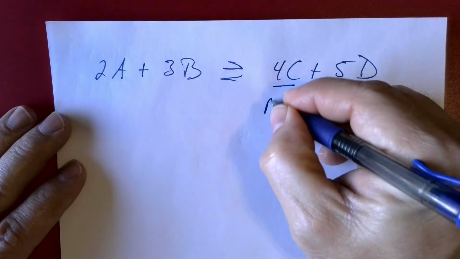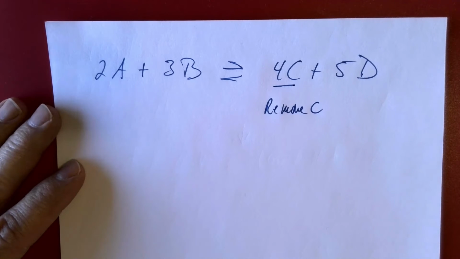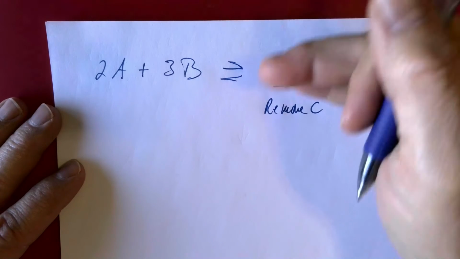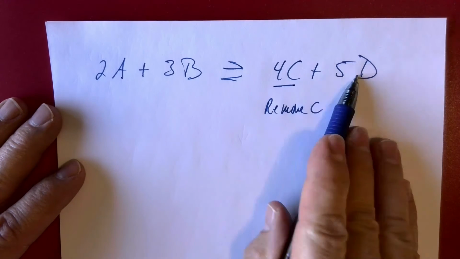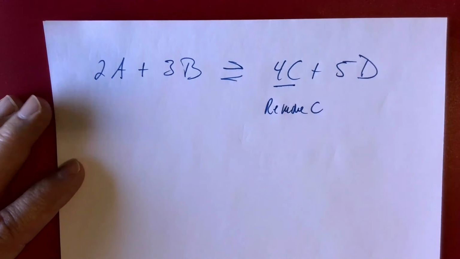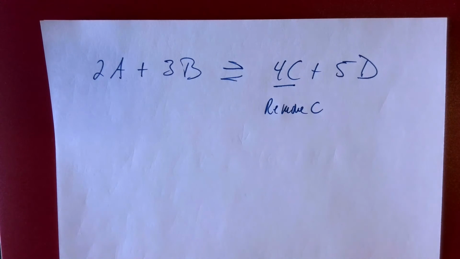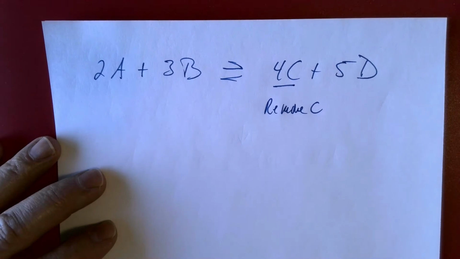They are going to remove the C as it's made. Because if I remove that C, that means there's none of this to react to go back that direction, right? So I'm going to take the C out and I'm going to sell it. Okay, eventually I'm going to end up with this great big pile of D that I'm eventually going to go and bury out in the desert, right?